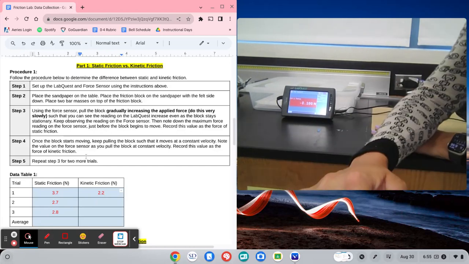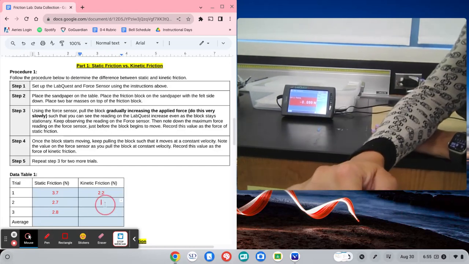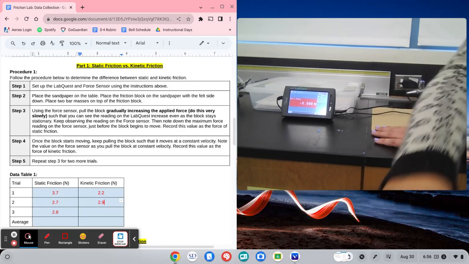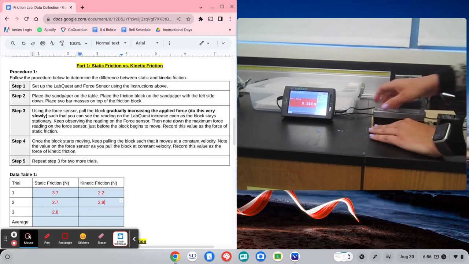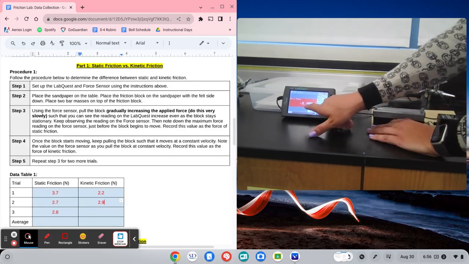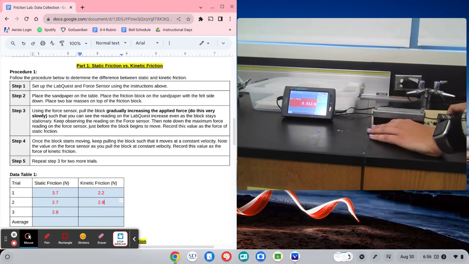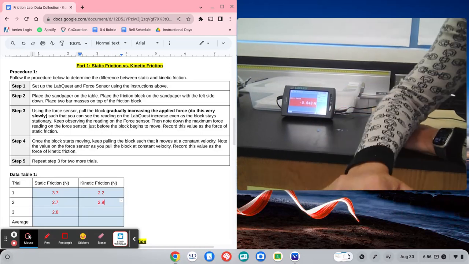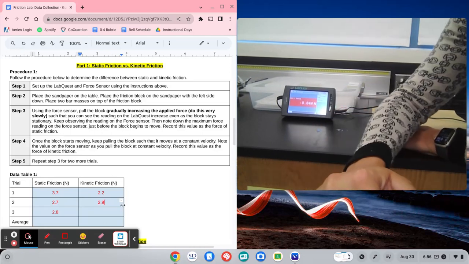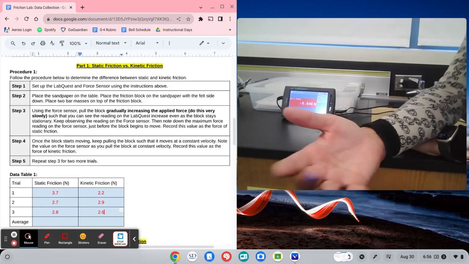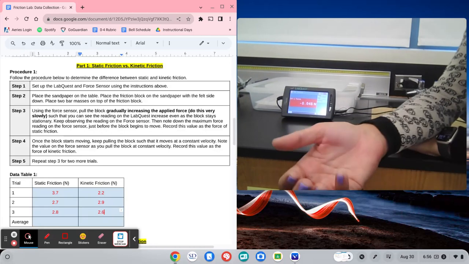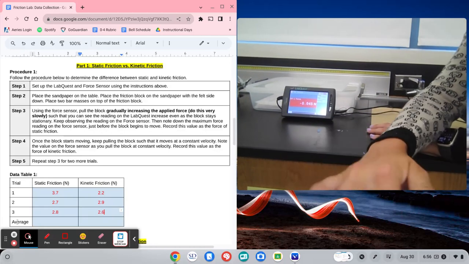I got 2.9. I got 2.6. So we can see that the kinetic friction values are lower than the static friction values.